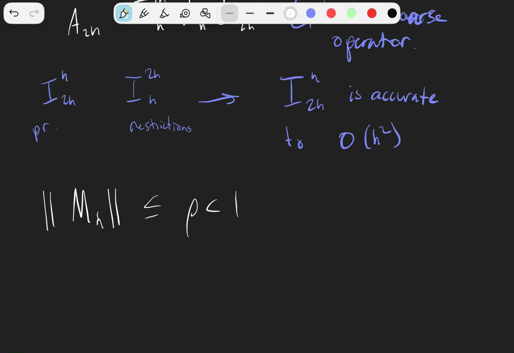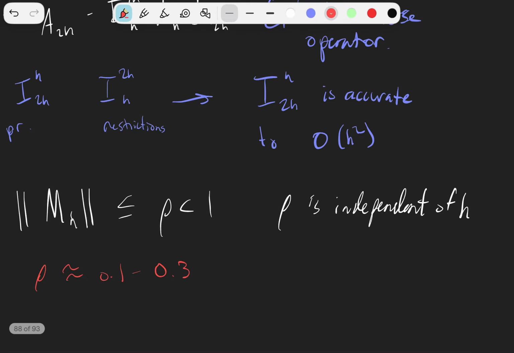That's less than 1. And the important thing to note is that the parameter rho is independent of h, of our coarse graining. So typical values of rho are around this area for standard bilinear elements and a full weighting, after 1 to 2 smoothings, basically.